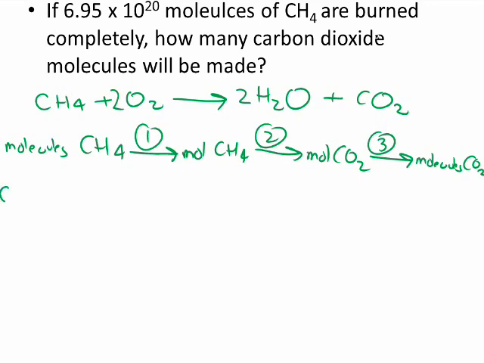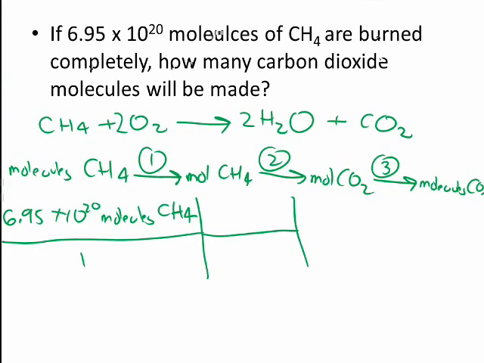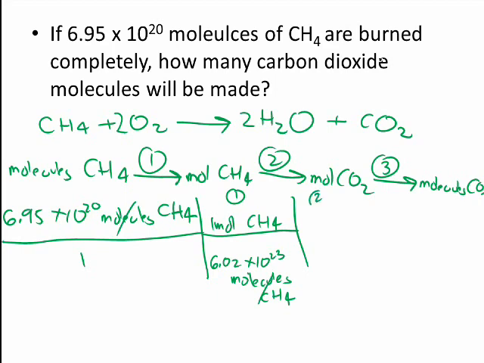Let's start with what we're given. 6.95 times 10 to the 20 molecules of CH4, and we want to go to the moles of CH4. So 1 mole of CH4 over 6.02 times 10 to the 23rd molecules of CH4. Those molecules will cancel. Part 2 is the ratio.